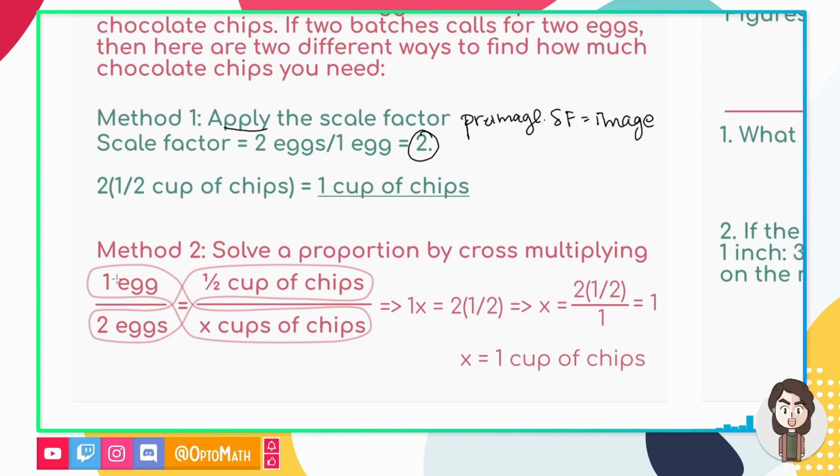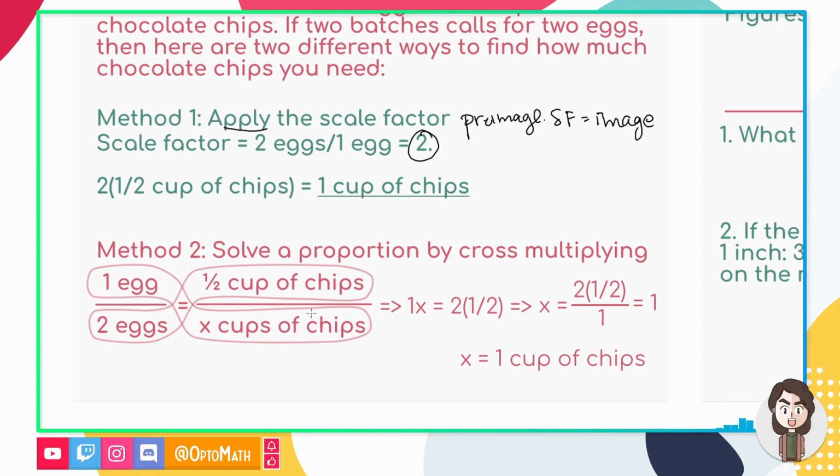We know that 1 egg is proportional to the 2 eggs because they go together. That's the number of eggs. And over here on the right-hand side, our second ratio, the numerator has to be the number of chips that goes with the original batch because the numerator over here on the left was the egg amount for the original batch. So we're just setting things up how they go together.